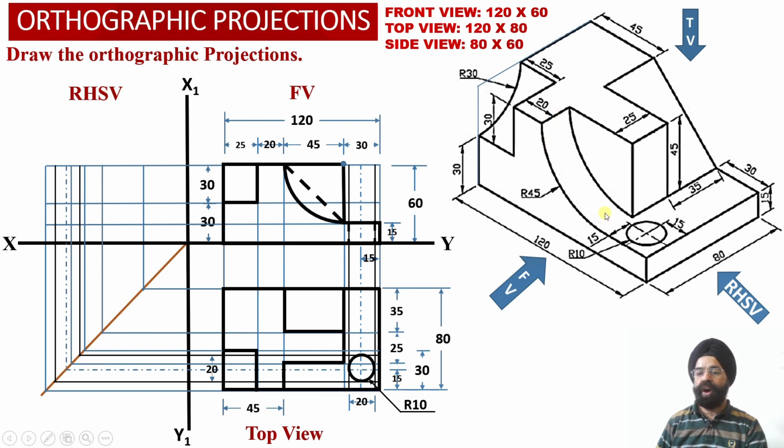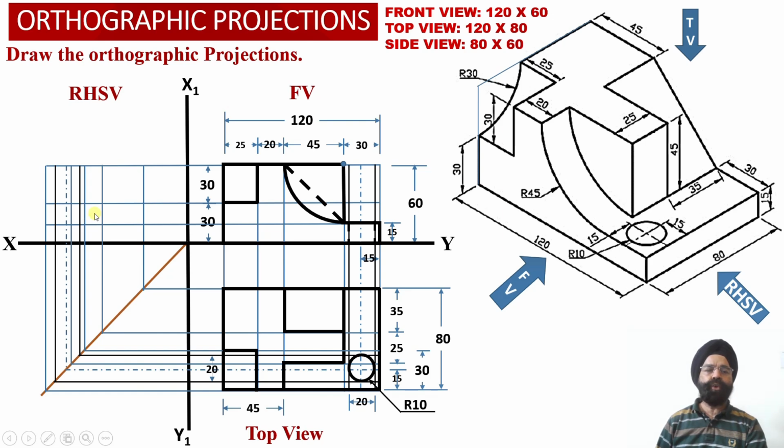So in the top view, we are able to obtain only the apparent shape projections corresponding to this circular cut section which is parallel to the front face of the solid.